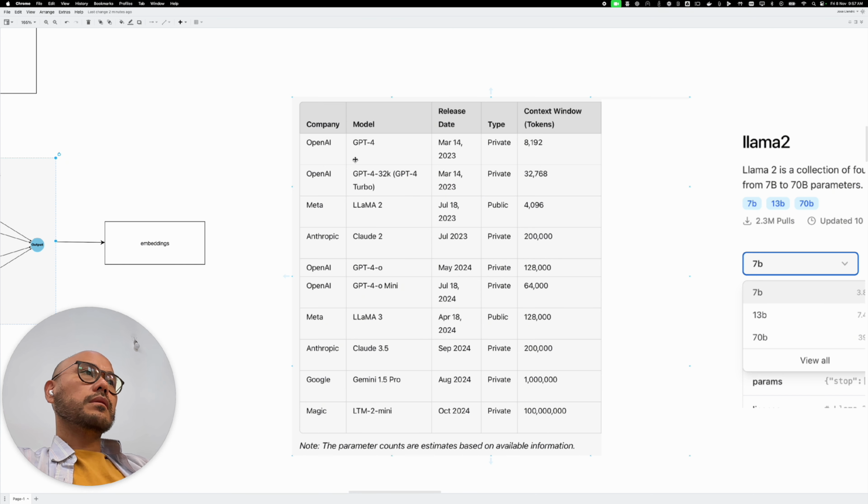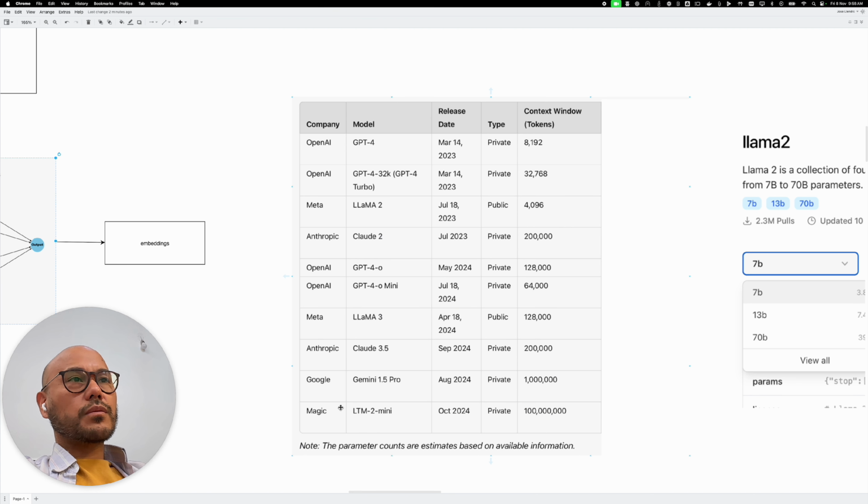And as you can see in the last column, there is a context window, which is the information that the model can manage. Starting from GPT-4o, it has 8,000 tokens, and nowadays we are in 100,000 or a million or even 100 million tokens.